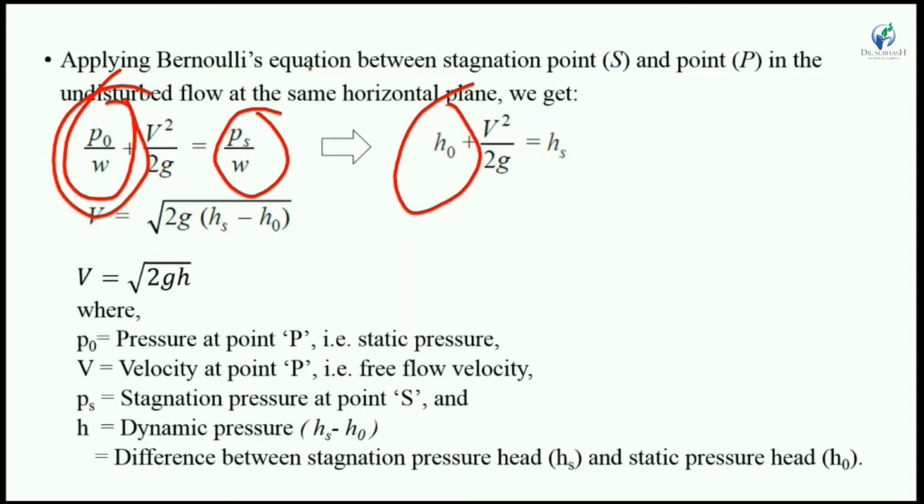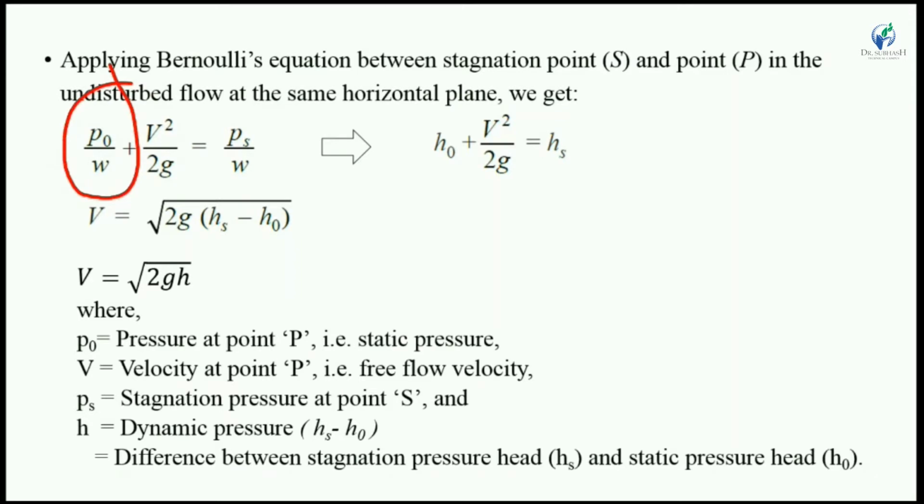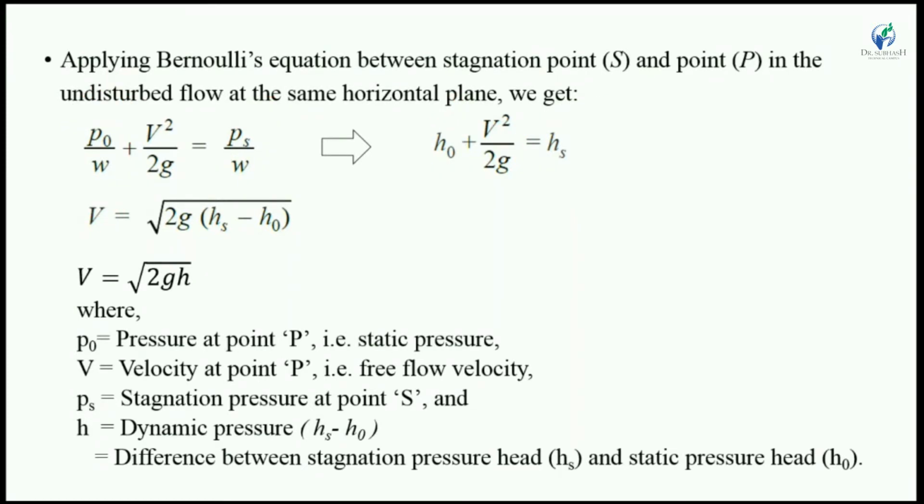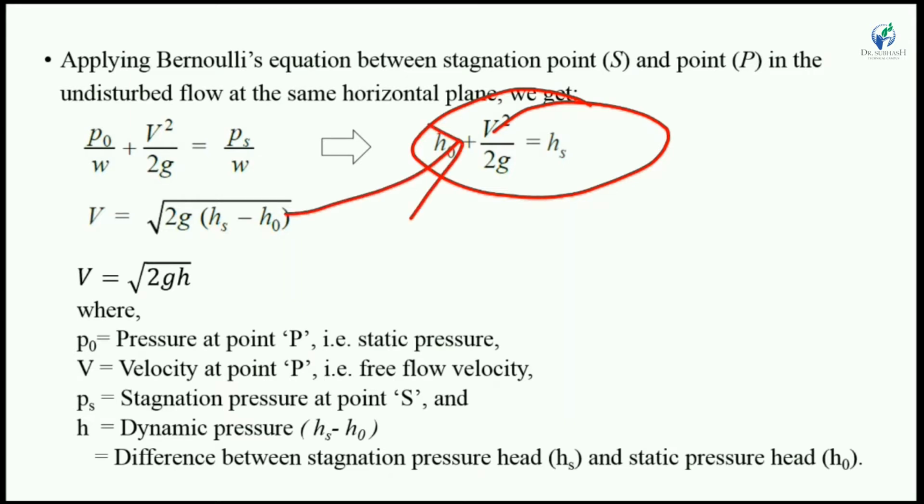So both pressure heads are denoted by H. The pressure head at the P point is denoted by H0 and the pressure head at the stagnation point is denoted by HS. Now we get the equation from this relation: V is equal to under root 2g (HS minus H0).